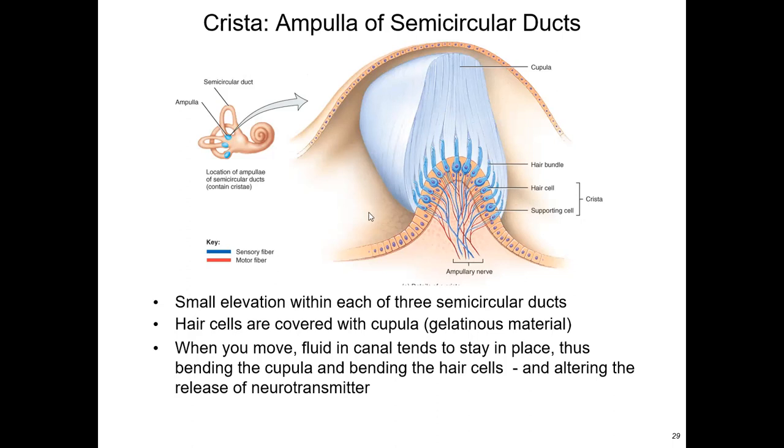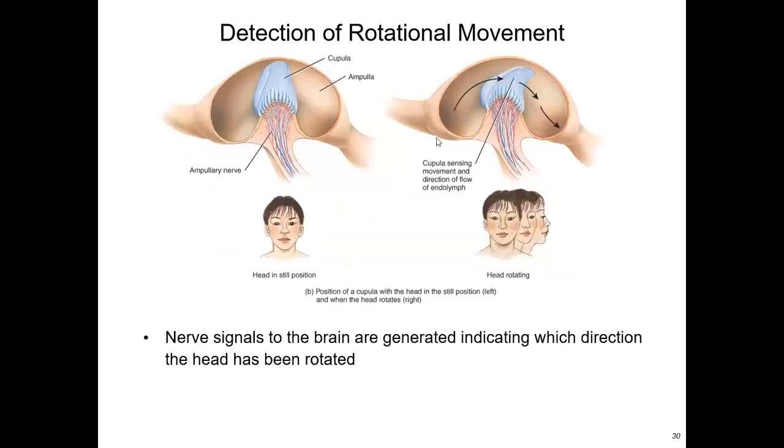So how is this going to happen? When our head is spinning, therefore the entire body is spinning, or when we have acceleration or deceleration of the body, the fluid inside the semicircular canals will move and push the cupula to the left or to the right.